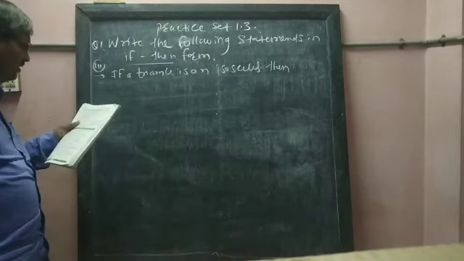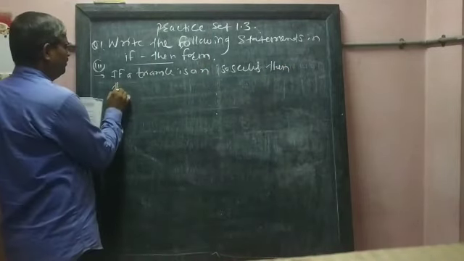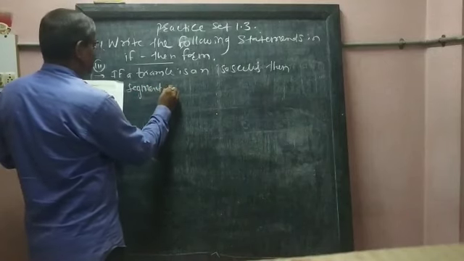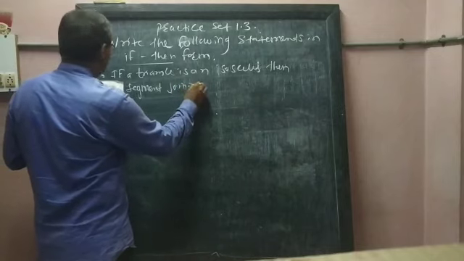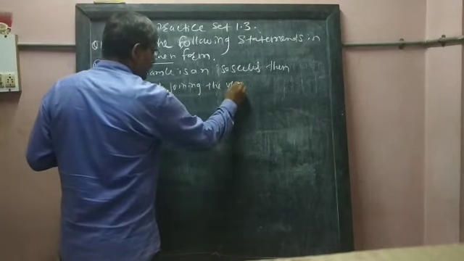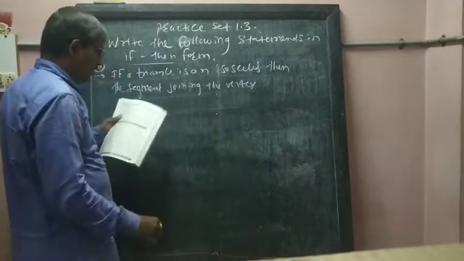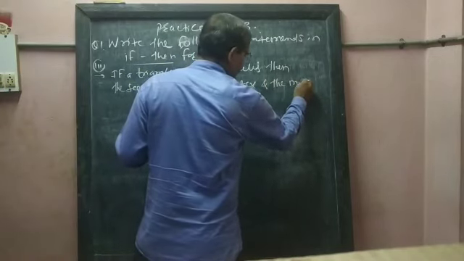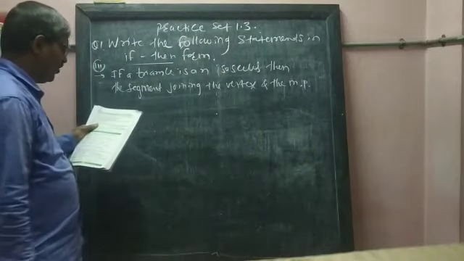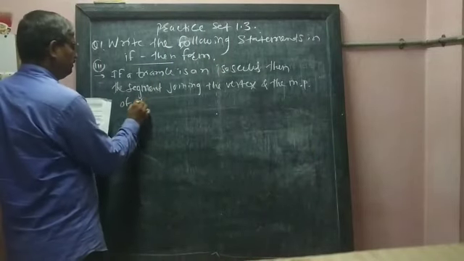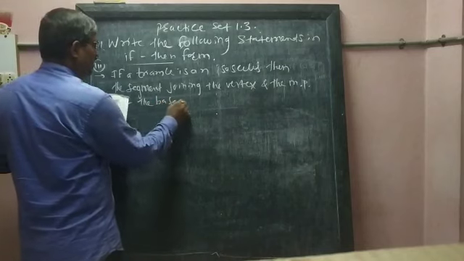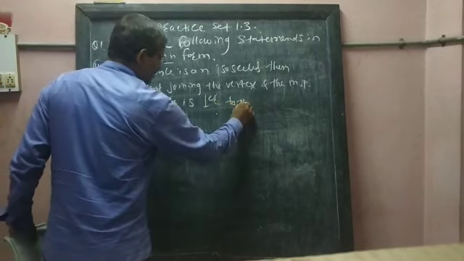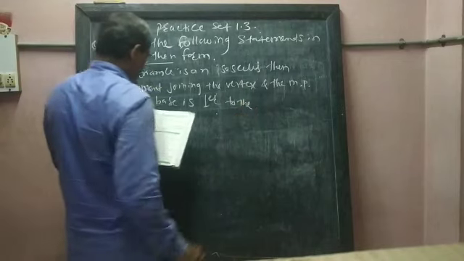Remaining as it is. What is then? Then the segment joining the vertex and the midpoint of the base is perpendicular to the base.